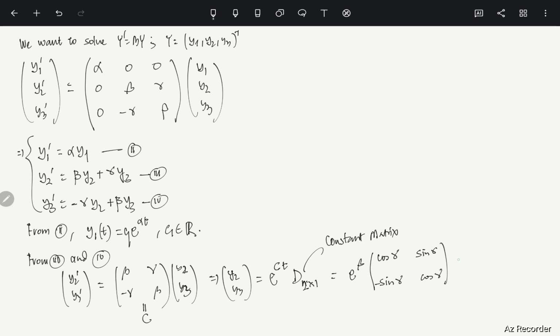This is what we got, times a matrix D, a 2 cross 1 constant matrix. So this is what we are getting.